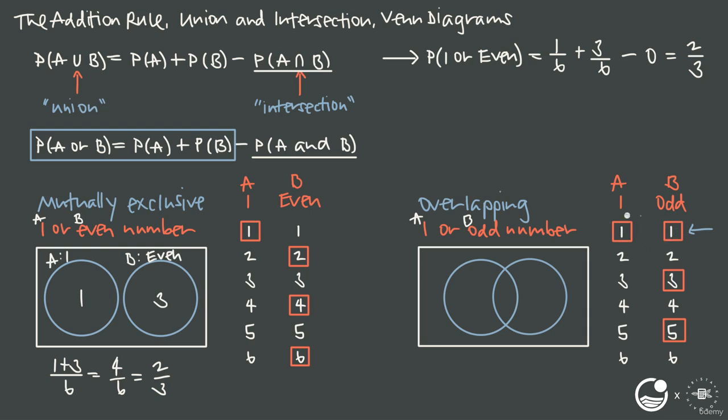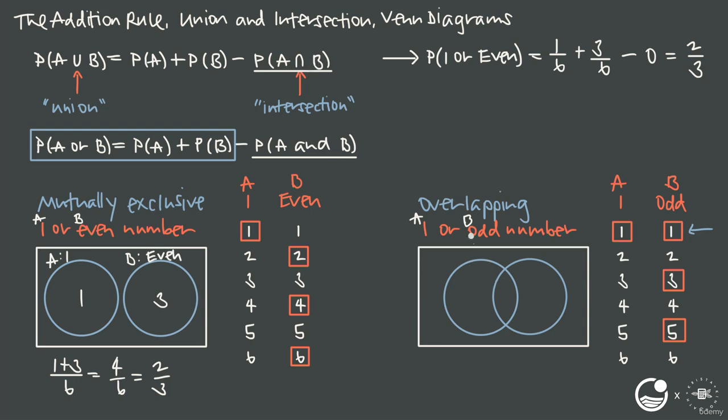So we have this overlapping value of 1 in both sets A and B. And that makes sense because 1 is an odd number. So we can satisfy event A by rolling a 1. We can satisfy event B by rolling a 1, 3, or 5, and 1 occurs in both sets, which means that this intersectional probability, the probability of A and B both occurring, is non-zero.